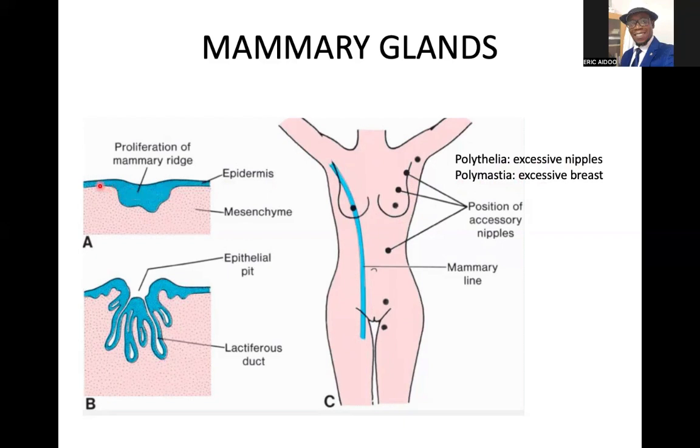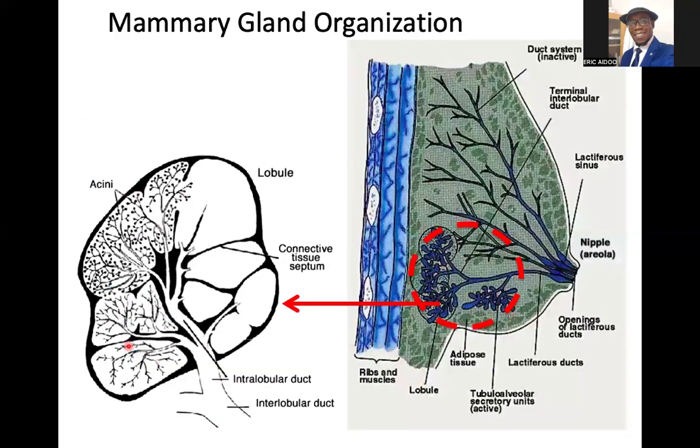So during the development, you have the epidermis invaginating into the underlying mesenchymal tissue, and then invaginates further and forms ducts and then a pit, which will later on form the nipples and then breast. So within the breast, that's the side view.